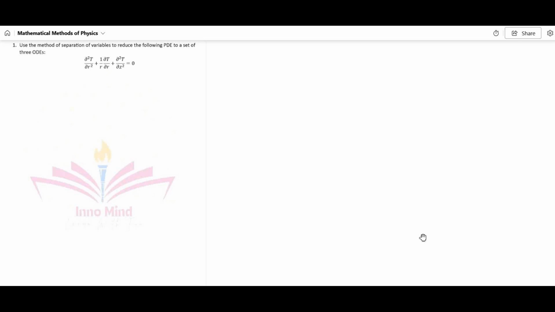So in this video we are going to discuss one question. The question is on the screen, where we have to use the method of separation of variables to reduce the given partial differential equation to a set of three ordinary differential equations. So here, if you look into the question, the known function is T, where T is a function of r and z.